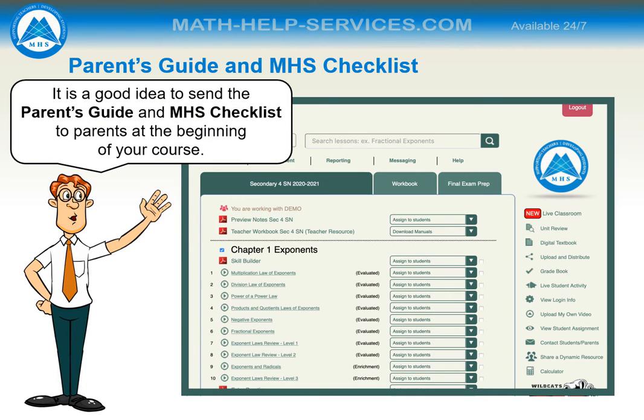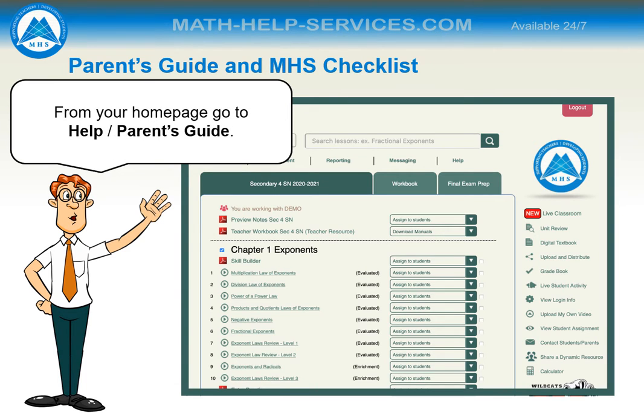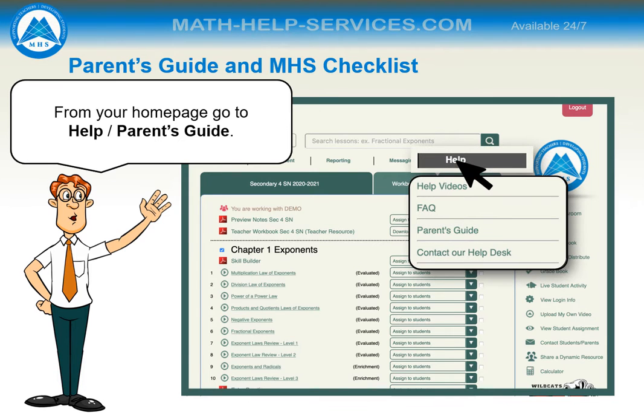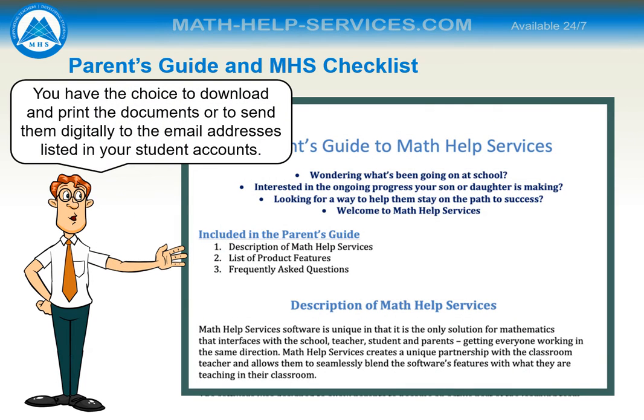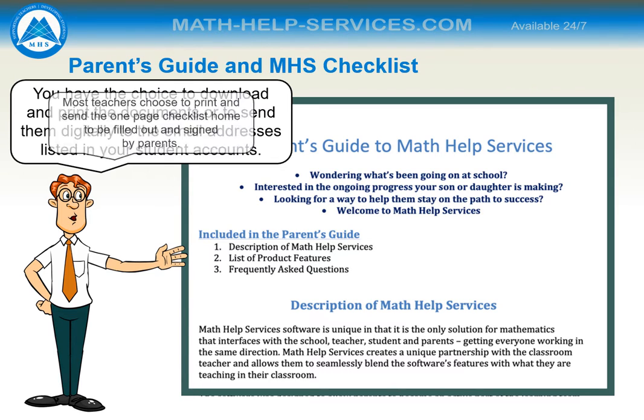It's a good idea to send the Parent Guide and MHS checklist to parents at the beginning of your course. From your homepage, go to Help, Parents Guide. You have the choice to download and print the documents or to send them digitally to the email addresses listed in your student accounts.